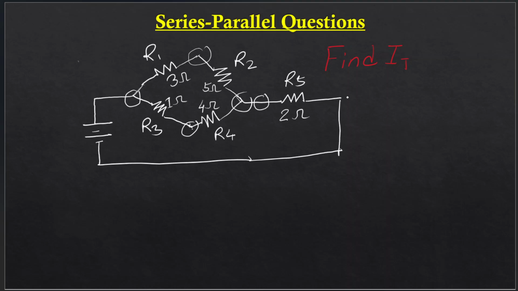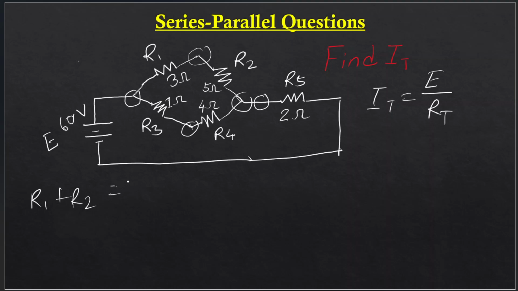Now for finding IT, we need IT equal to E over RT. We don't have a value of E here, so E would be say 60 volts. So IT is equal to E over RT. Now let's simplify it individually. Here we have R1 and R2 in series.